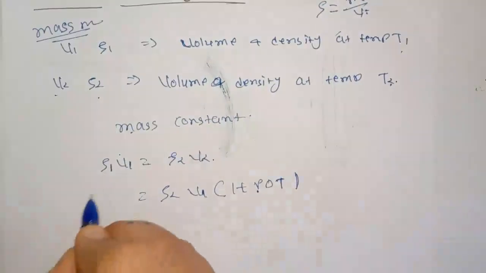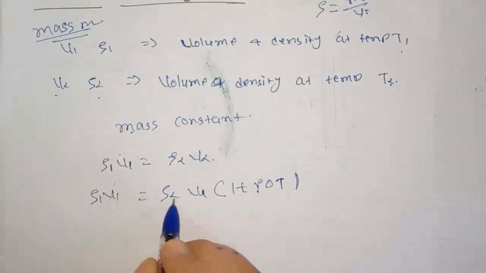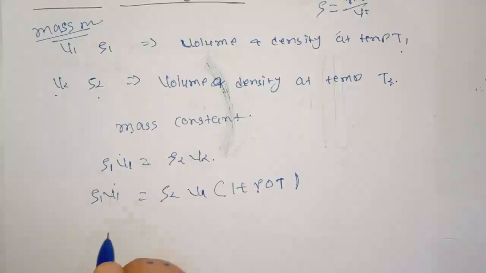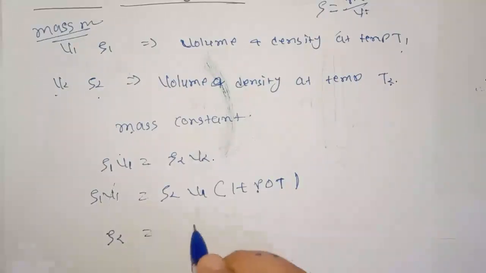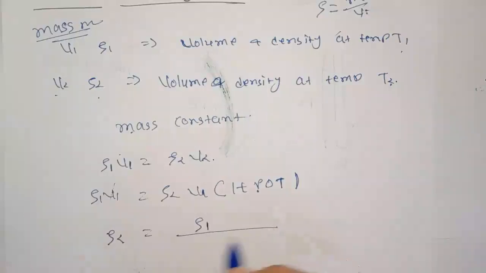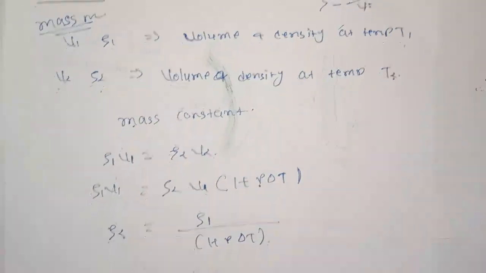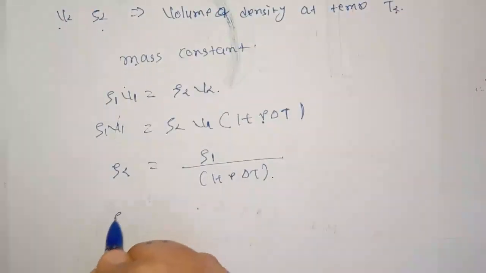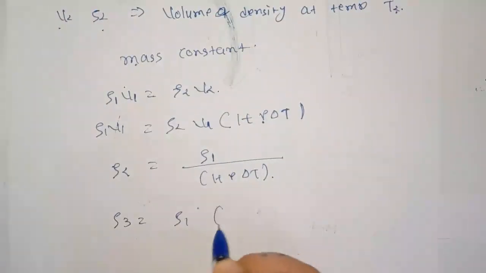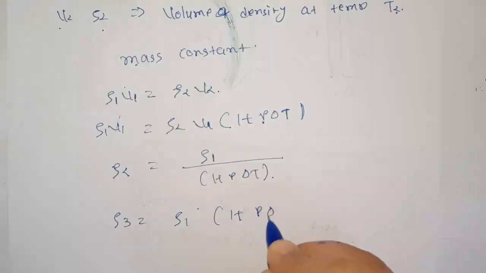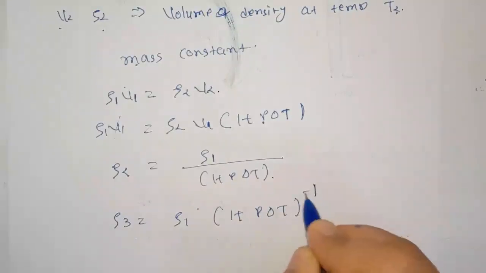That will be equal to ρ1 V1. This V1 will get cancelled out, so we can write ρ2 is equal to ρ1 divided by 1 plus gamma delta T. ρ2 will be ρ1 into (1 plus gamma delta T) whole power minus 1.